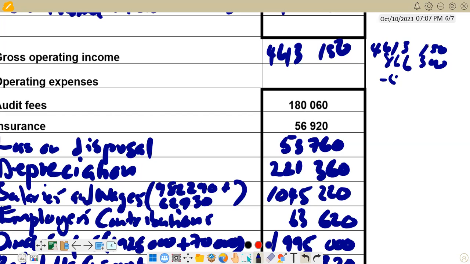Then you subtract 866,300, and you get the figure for operating expenses. So if you do that here, the figure for operating expenses will be 3,746,850. So that's the figure that we are going to put here.